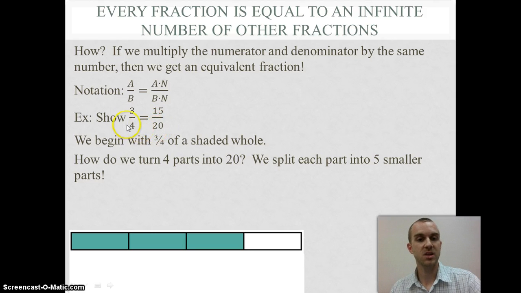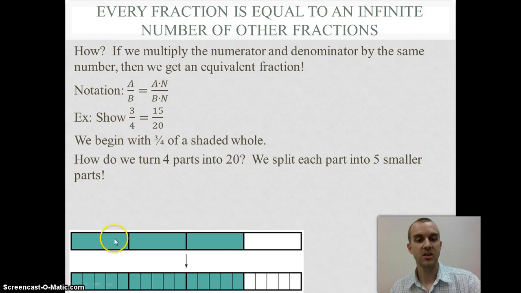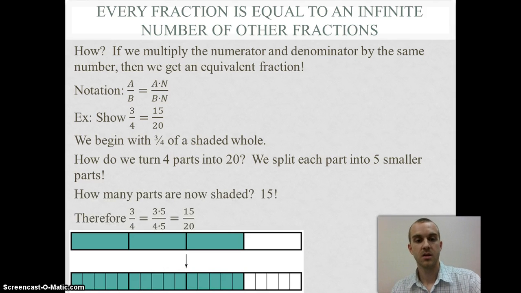Well, we would have to split each of those 4 parts into 5 smaller parts. And then we could see, by keeping our main components, that we have 5, 10, 15 shaded parts out of 20. So we could say that I multiply my numerator and denominator both by 5 to create an equivalent fraction. And that is quite a large understanding for our students.